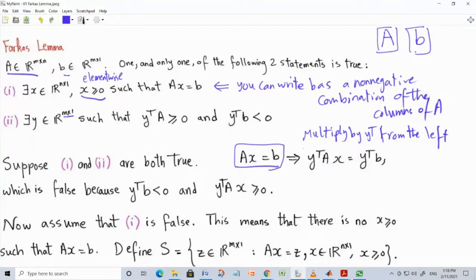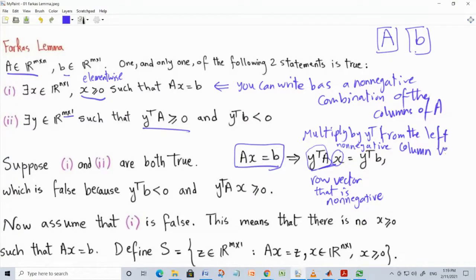Then y transpose A is a row vector that is non-negative, because you have this. What about x? We are assuming that both statements are true, so x is also a non-negative column vector. What happens when you multiply them?